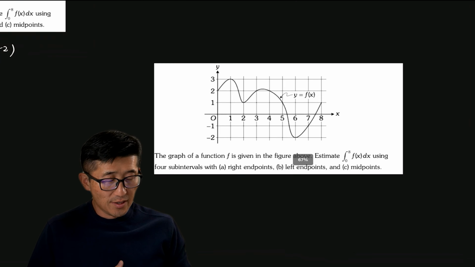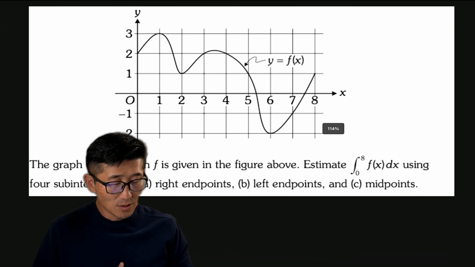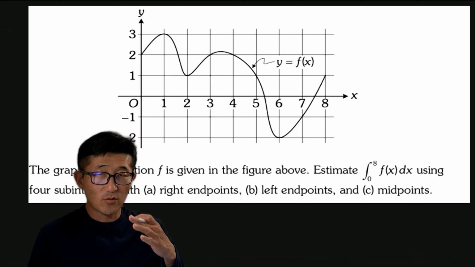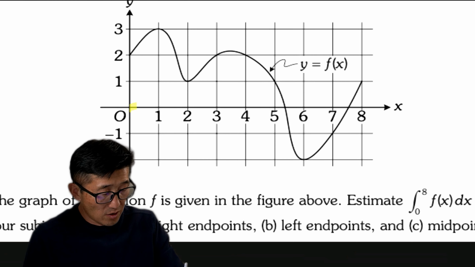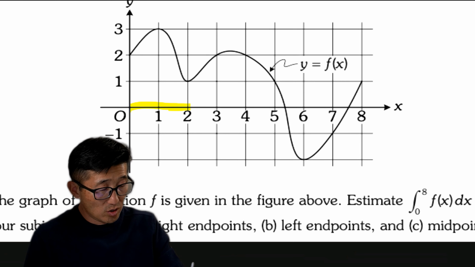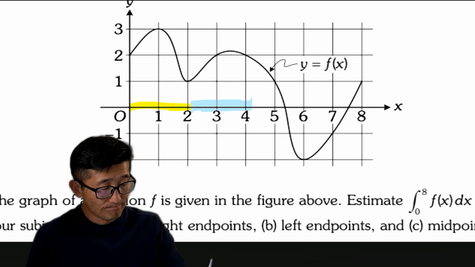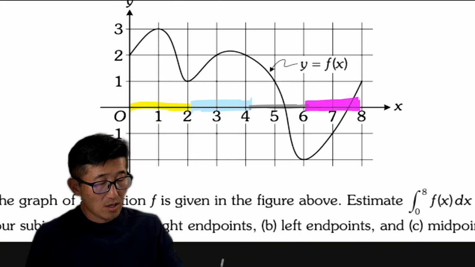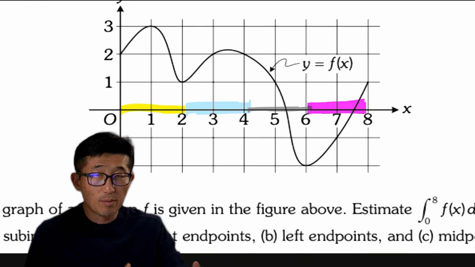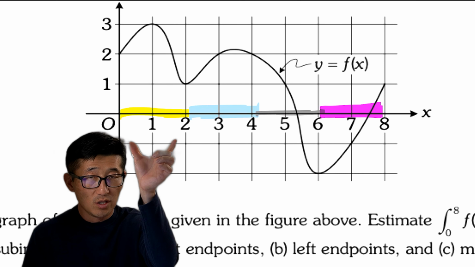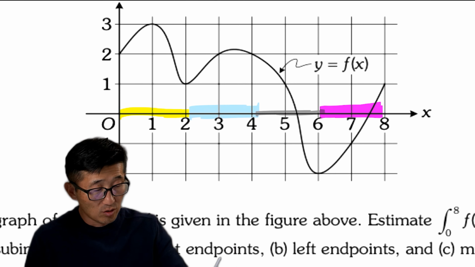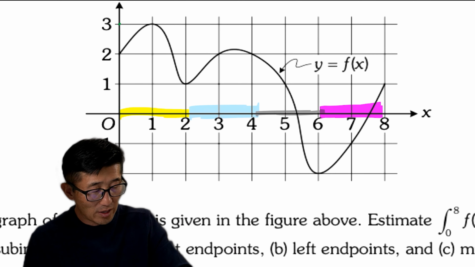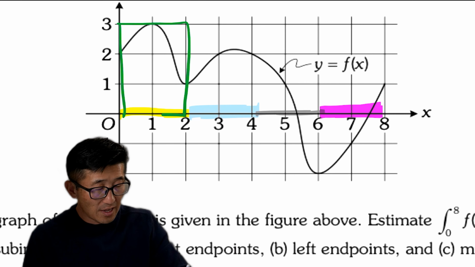Now, the middle one is the worst, because you're not going to be using the left corner or the right corner. But again, if you split this up into its proper intervals like this, let's think about this for a moment. Each of this width will contain a rectangle. If I draw just a random rectangle, it'll look like that.